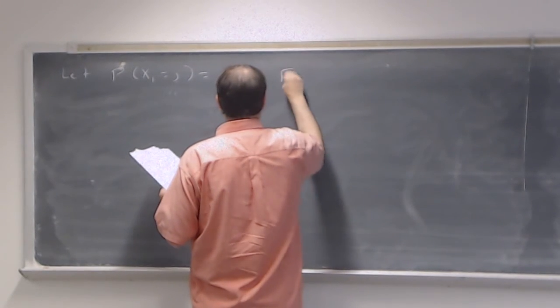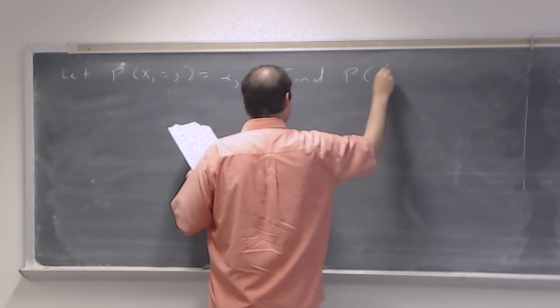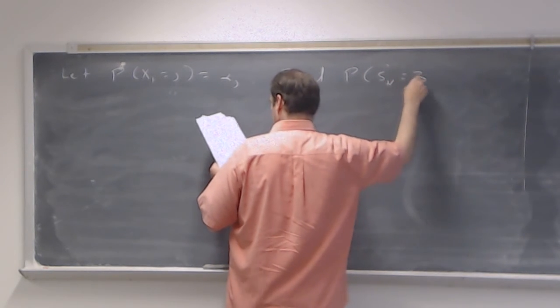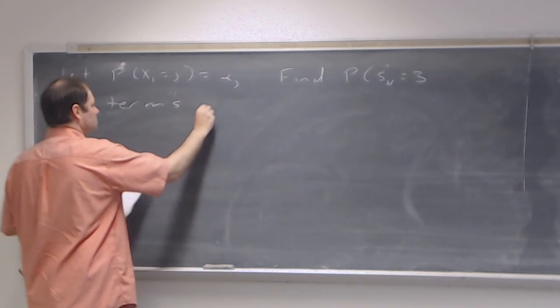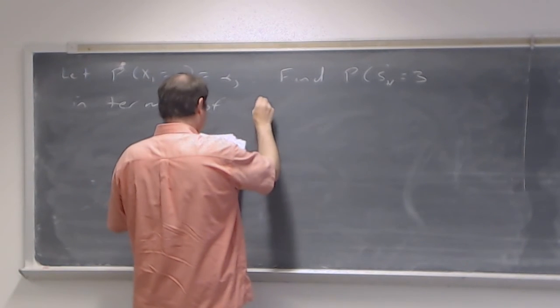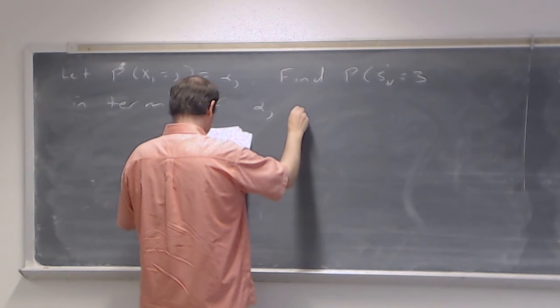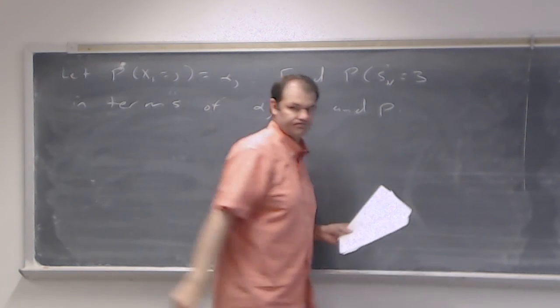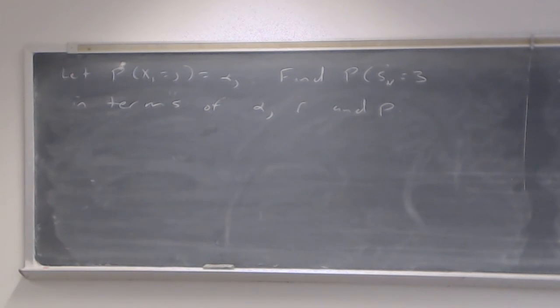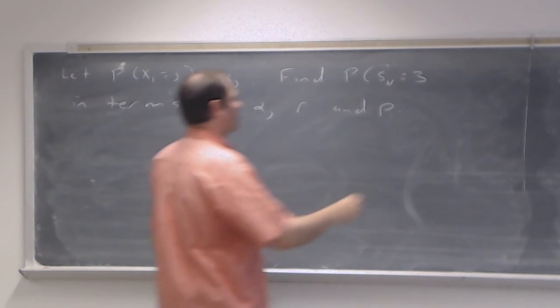And so find the probability that S of N is equal to 3 in terms of alpha sub j, R, and P. Okay, much harder problem than the previous problem we had.